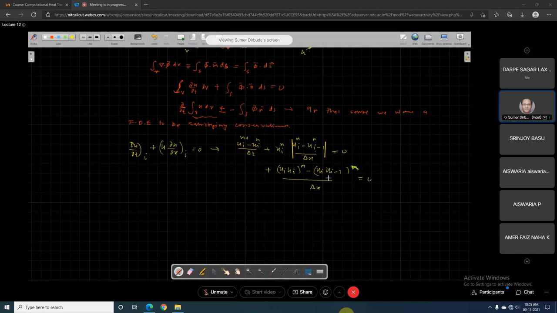But if you take a domain here, suppose this is your I, so ui is here, and this ui minus 1 is coming from this I minus 1. ui is the flux at I only, but we want this ui to be coming from I minus 1.